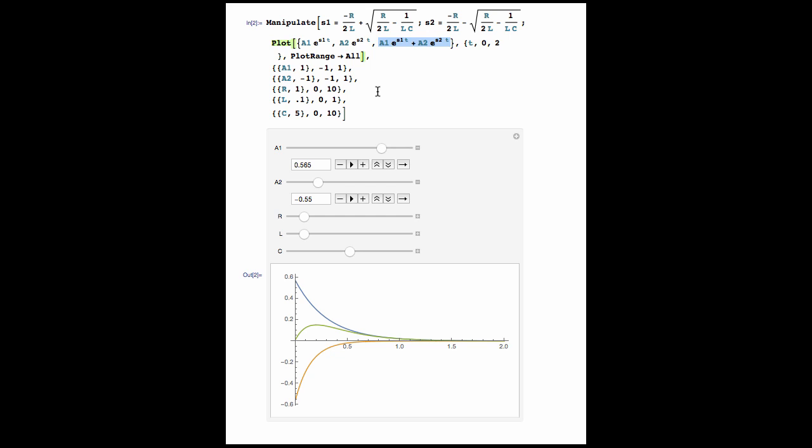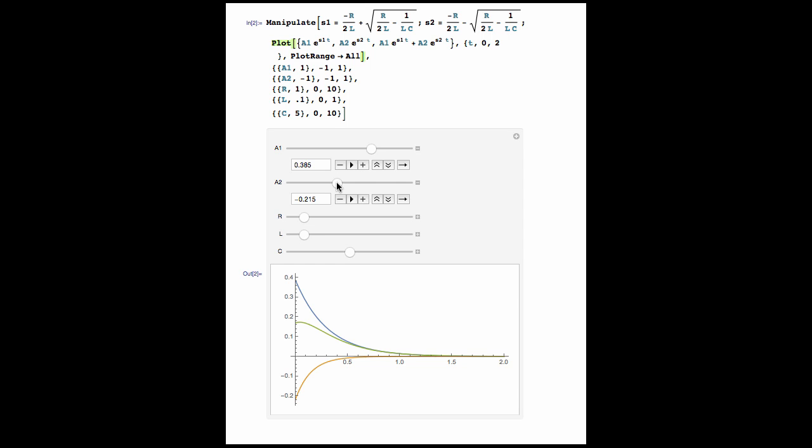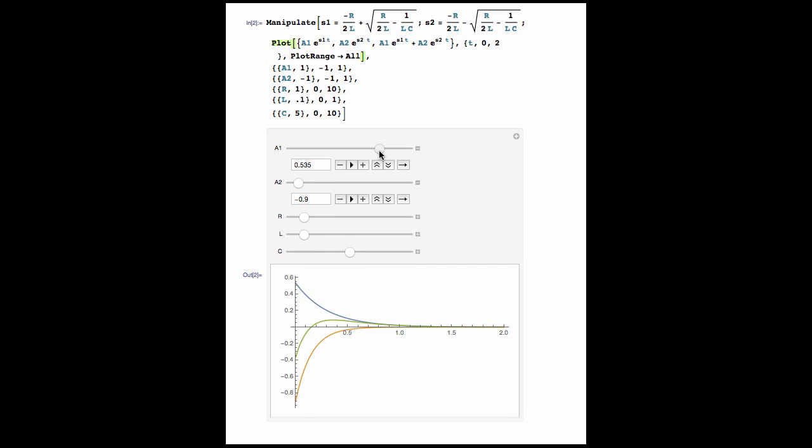Depending on the magnitudes of A1 and A2, it could start at 0, or it doesn't have to be 0. If i0 is not equal to 0, that's okay. The important thing is that you're bounded by these two exponentials that quickly decrease to 0.